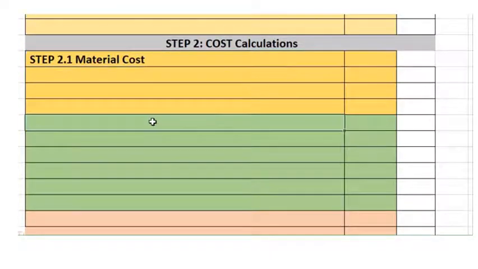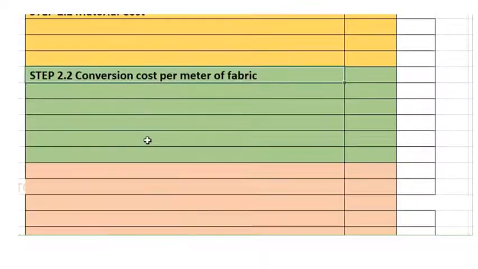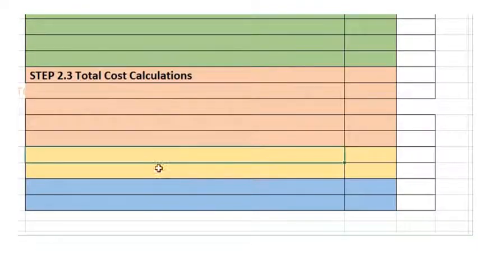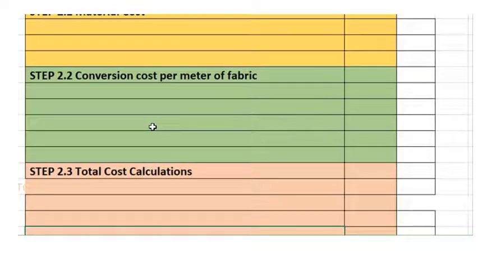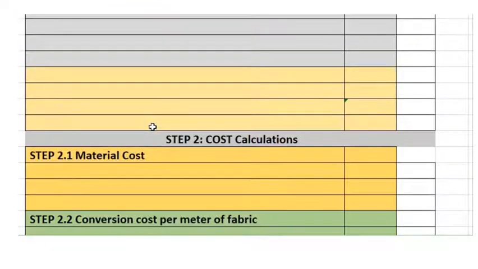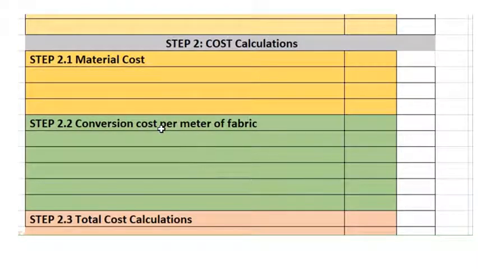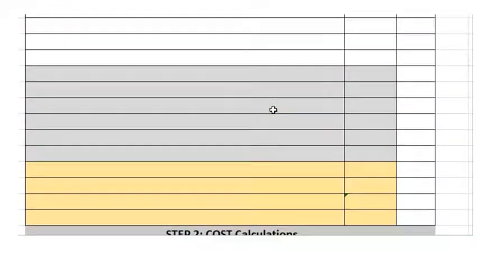First is the material cost, next is the conversion cost, and the third step is the total cost calculation, and finally the total price of the fabric. So this is how it has to be approached. First yarn requirements, then the cost calculations. In the cost calculation, first material, then conversion cost, and finally the total cost calculations. Let us look into the steps one by one.